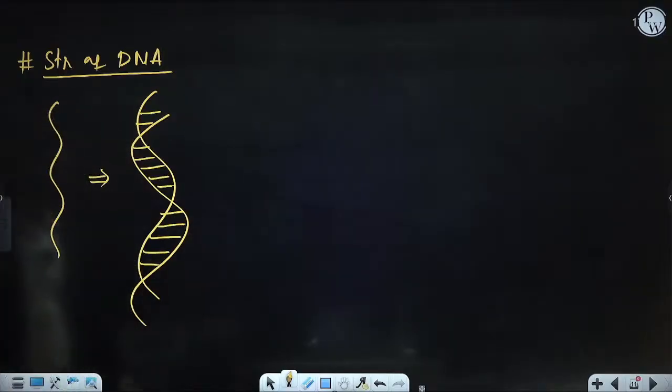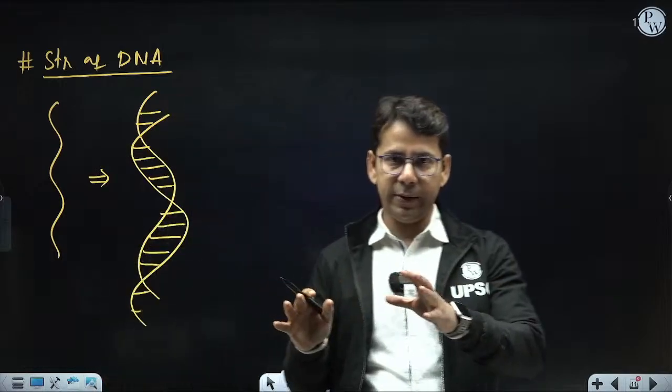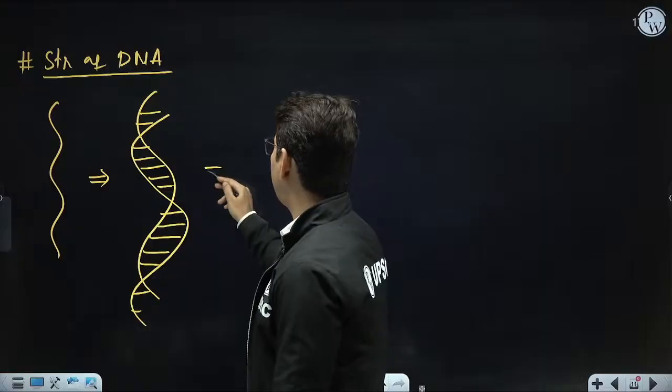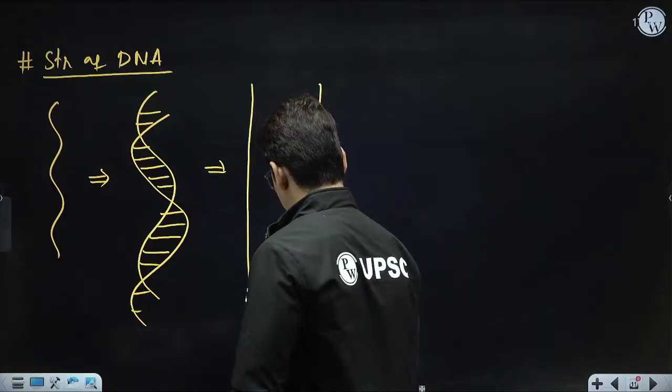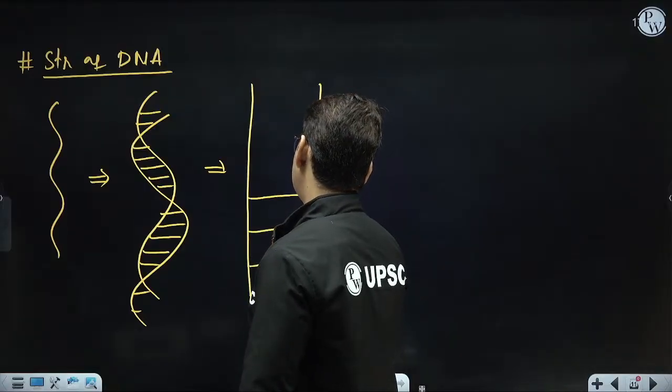Got the point? So this is how these spiral staircases are there. If I unfold it, because this looks like a spiral, but I just want to unfold it. If I make it like this, it will look like this, right?